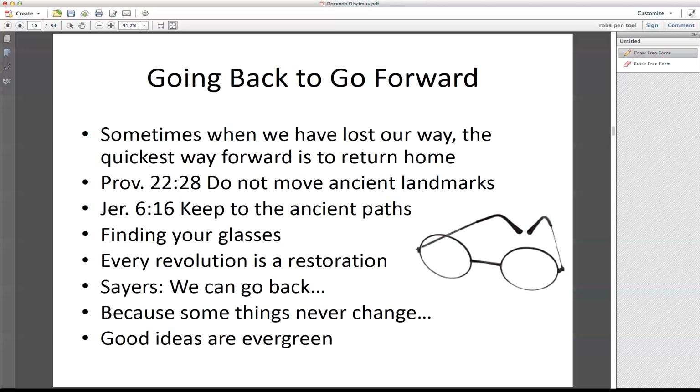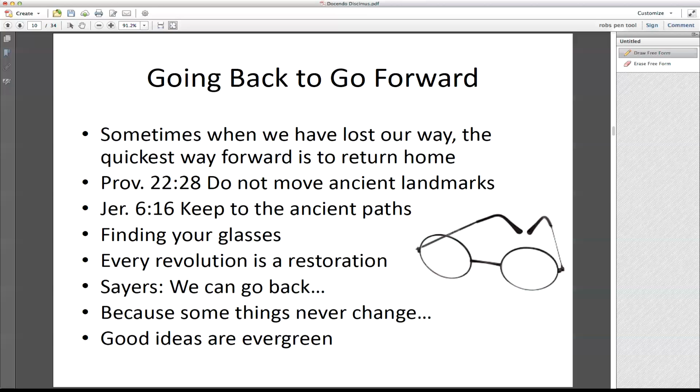But we can go back in the sense of revising an error. We can go back in the sense of reviving and renewing really good ideas that work at all times, because these ideas from the classical tradition are evergreen ideas that really never grow old.